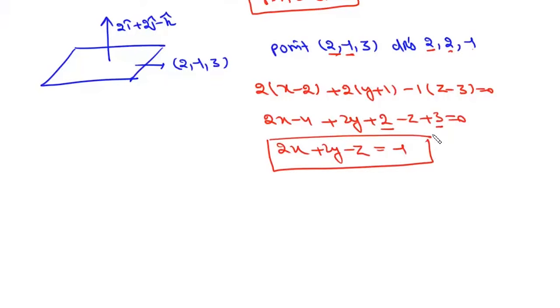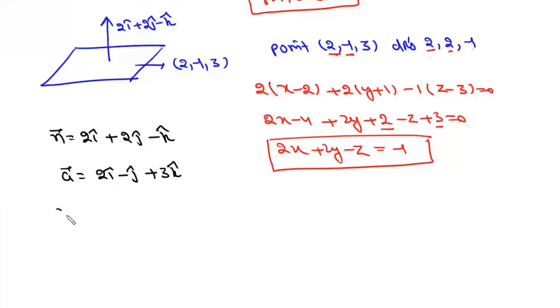Now we have to write this equation in vector form. Here n is 2i plus 2j minus k, and point is a which is 2i minus j plus 3k. Then equation of plane is r dot n equals a dot n.